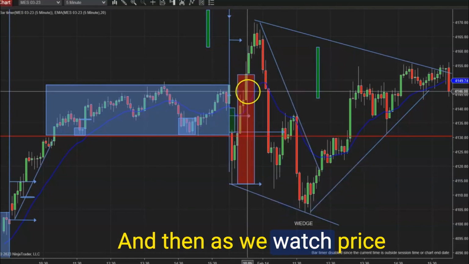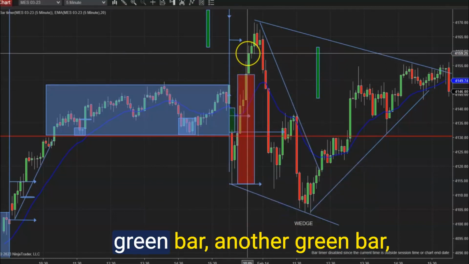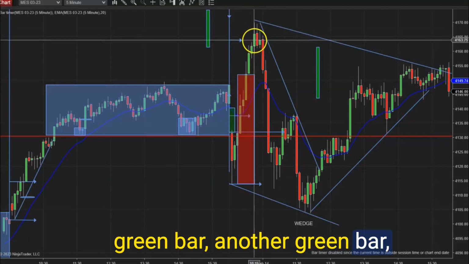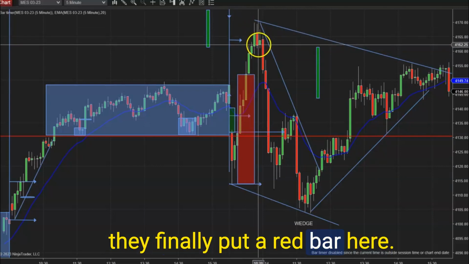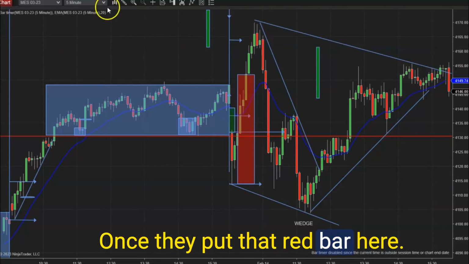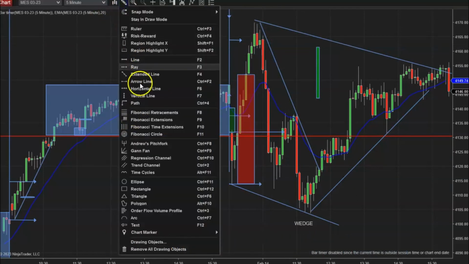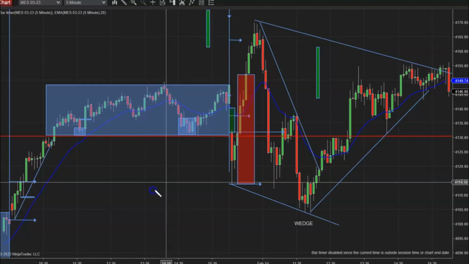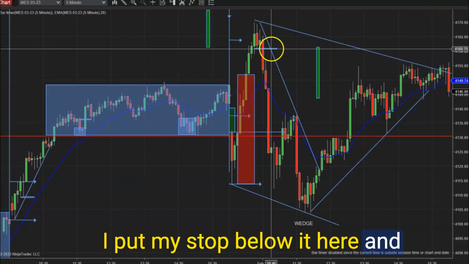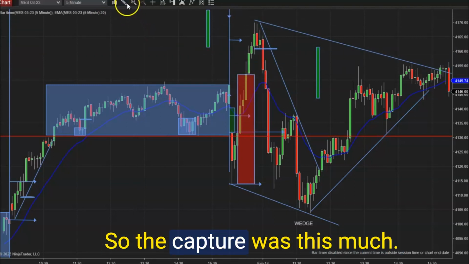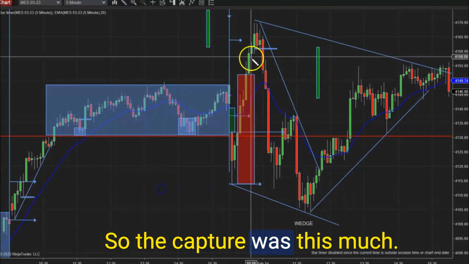And then as we watch price action, we have another green bar, another green bar, another green bar. And then they finally put a red bar here. Once they put that red bar here, I put my stop below it, and I ended up getting out here. So the capture was this much.